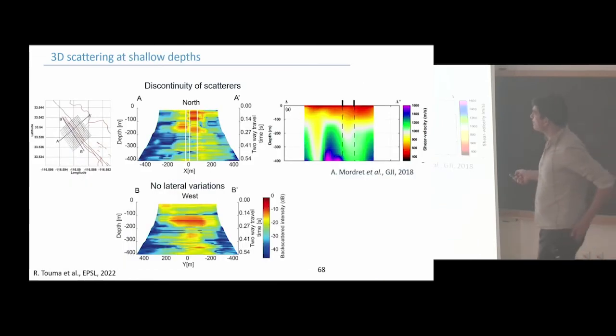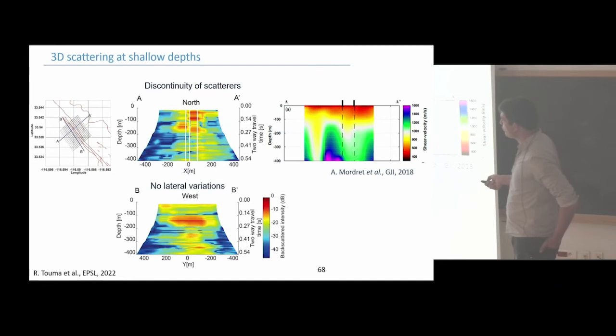You can look at the fault zone at a few hundred meters depth. This is what Rita did. You can compare along the north direction or along the west direction, and you can see very different behavior.